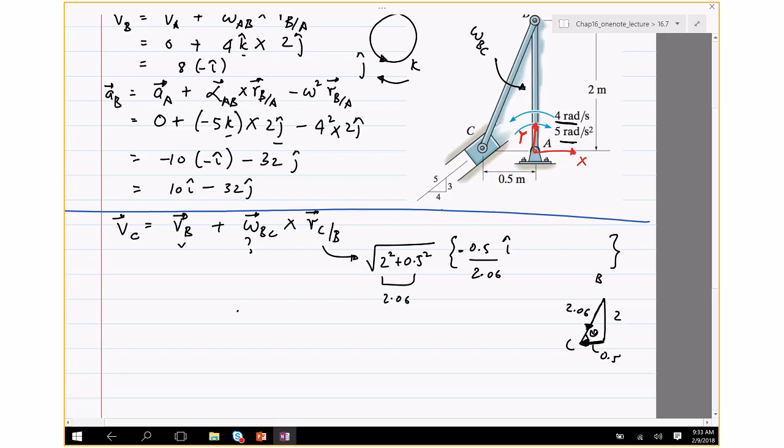Similarly, for the j component, this unit vector times sine of theta. So sine theta is going to be 2 divided by 2.06. And since it's pointing downwards, that's going to be negative. Right.